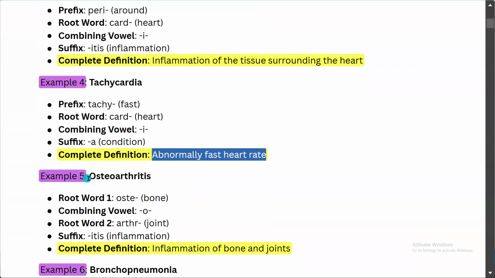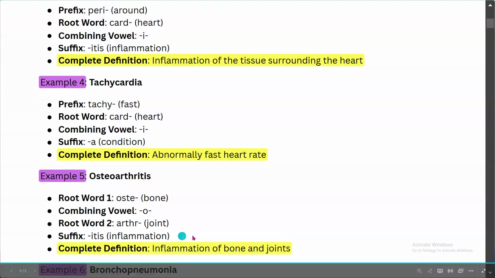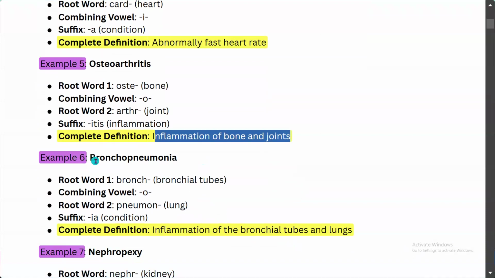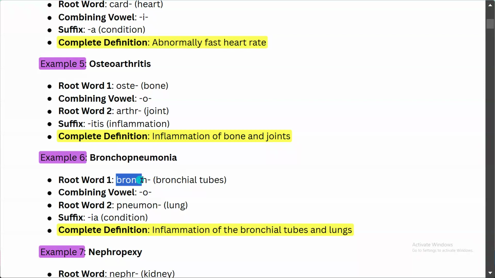Like the same thing, osteoarthritis. Osteo is the root word, which is bone. The combining vowel is o, and arthr means joint. Itis means inflammation. So that means inflammation of the bone joint. Now the next example is bronchopneumonia. Broncho is what? Bronchial tube. The combining vowel is o.